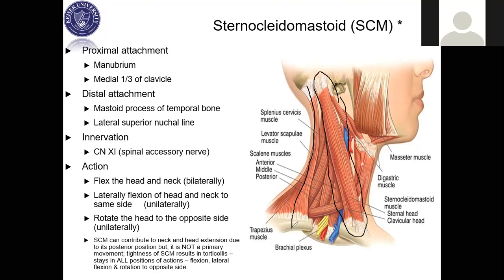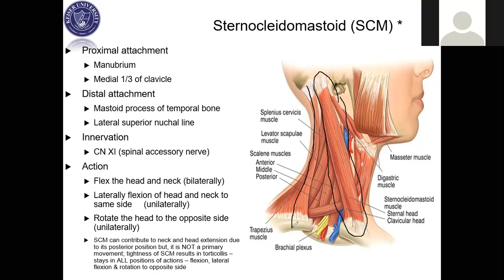There are other muscles that have that movement as a primary movement. So the movements that I am telling you to know, the flexion of the head bilaterally, the lateral flexion to the same side, and the rotation to the opposite side are the movements that you need to know.